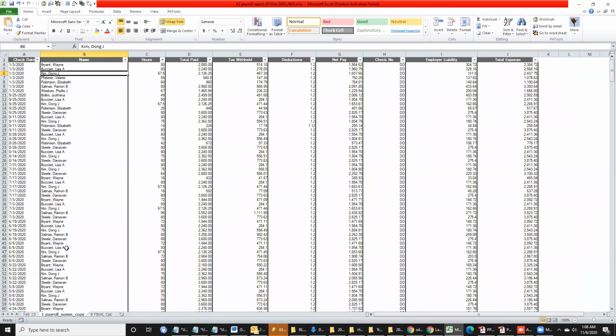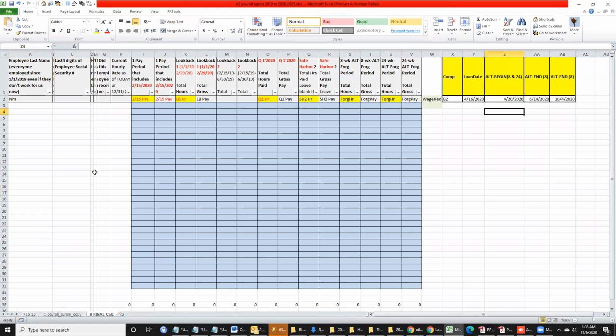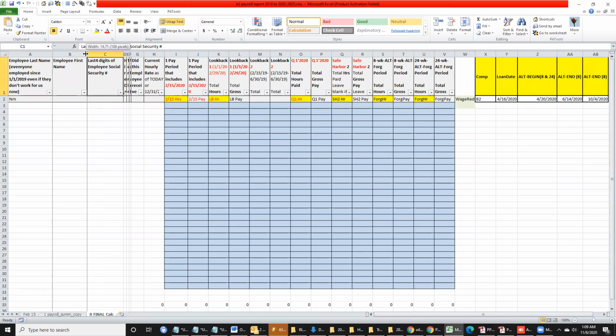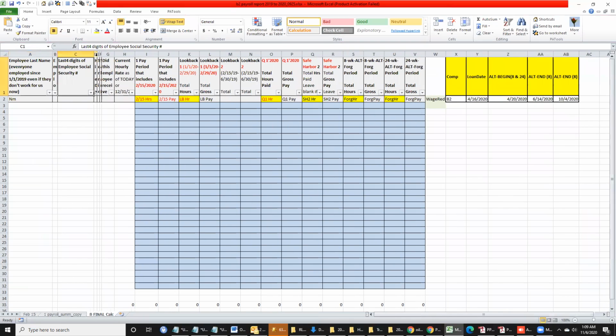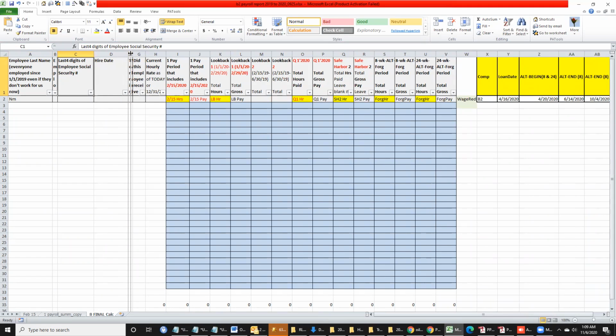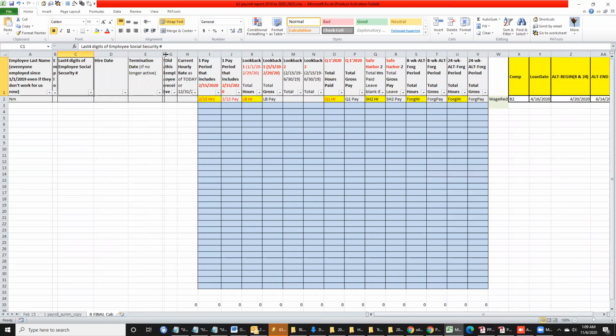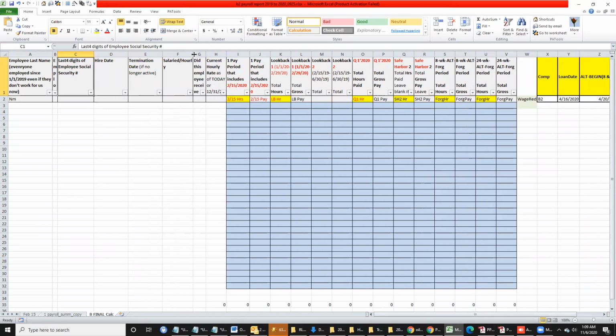Okay, so now, by the way, where are we going with all of this? We're going to create many different pivot tables and we're going to try to fill up this data. We need the last four digits. The name is not that important. What we do need is, when was this person hired? If he's no longer working, when was his last date?